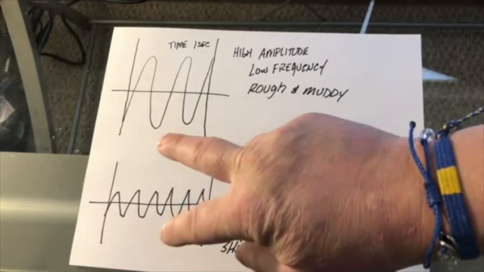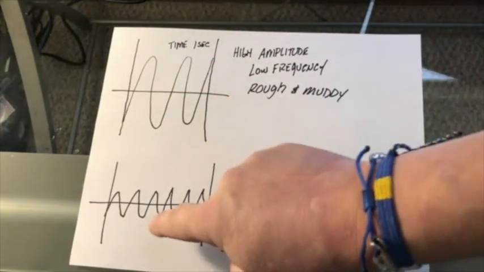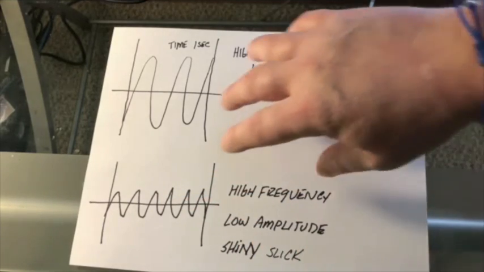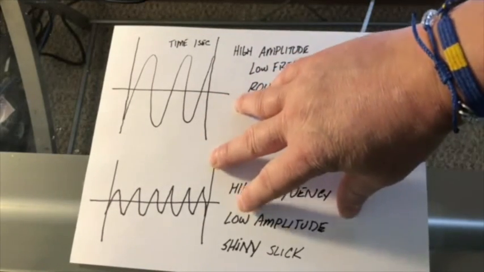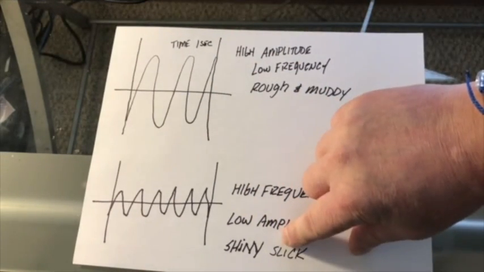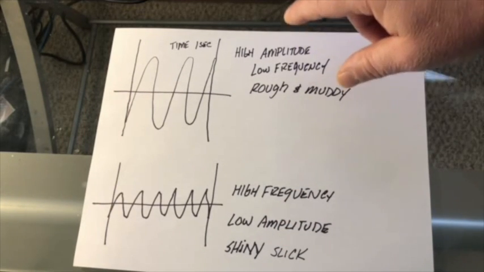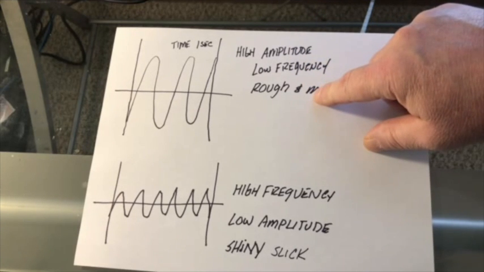Because the track is smoother, it doesn't have to go up like this. It just has to make smaller paths. So this is what's considered a high frequency, low amplitude, shiny, slick type of deal. This would be a higher amplitude, lower frequency, rough and muddy type of deal.